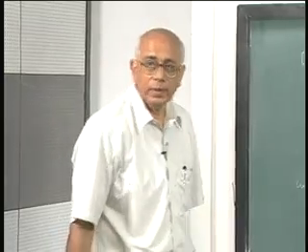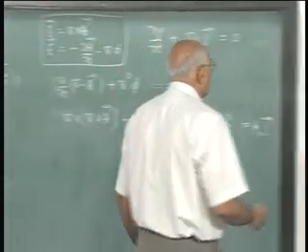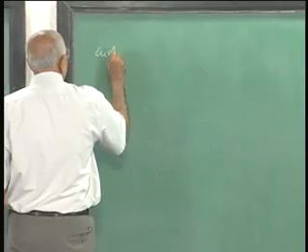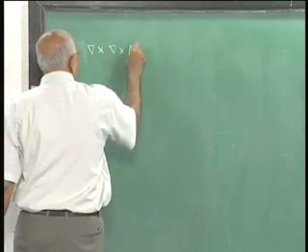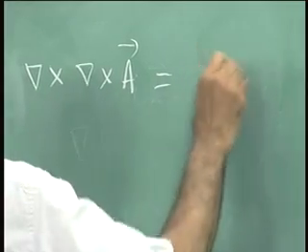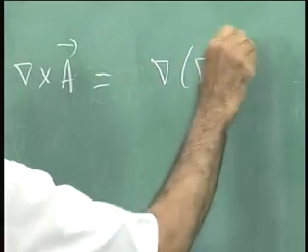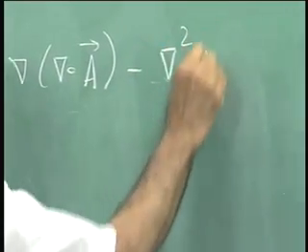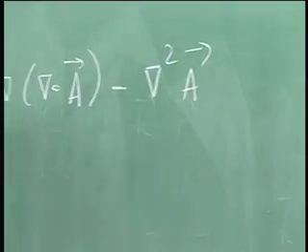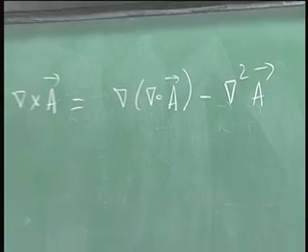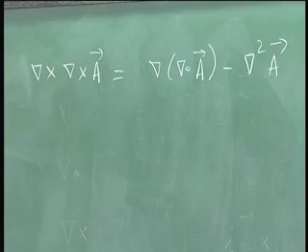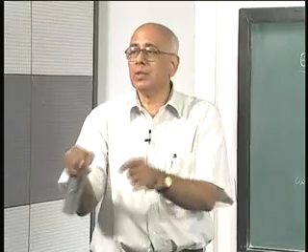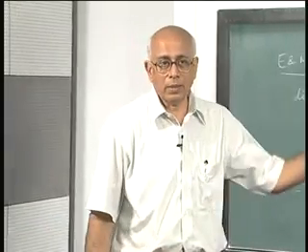The curl of A, or del cross A, is equal to the gradient of the divergence of A minus del squared A. Del squared is a scalar operator and it acts on each component of A, so it produces a vector field which in Cartesian coordinates has components del squared A1, del squared A2 and del squared A3. That is what that del squared stands for.